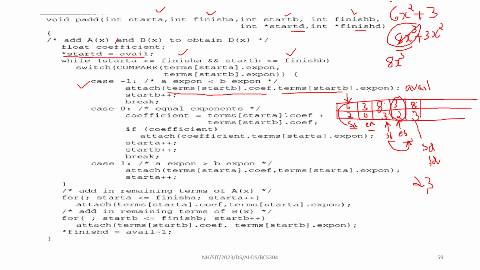The new coefficient is A's coefficient and B's coefficient added, of the same degree, that is 2. 6 plus 3, that is 9. That 9 should come here. Attach the newly obtained coefficient, and which term, it can be A or it can be B, anything is okay.